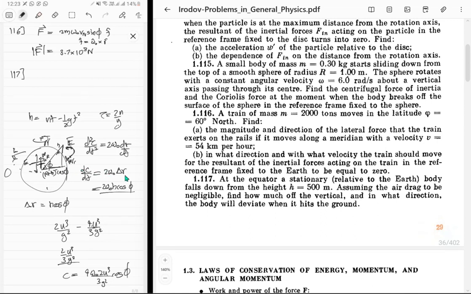Oh yes, delta r is now a negative quantity, so it's actually correct. So you can get rid of this thing. And the time period that you have to put in this is 2t, where t is the time required for it to fall. Yes, that should be the thing.